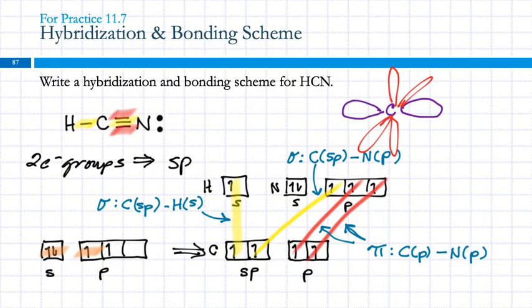And then for the nitrogen, nitrogen's over here. And I'm not going to draw the S because it makes things confusing. I'm just going to draw the half-filled one. So I've got 3 half-filled p orbitals. So there's 1, 2, 3. And then the hydrogen just has an S.